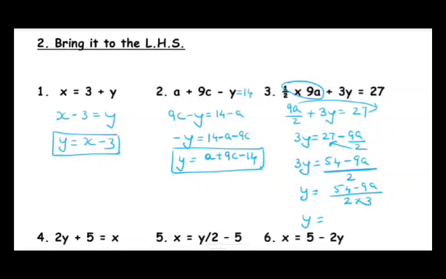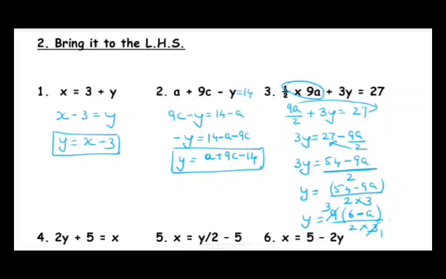Now, should I factorize this numerator? The common factor out here is 9. 6 nines are 54 and a upon 2 into 3. 3 ones are 3, 3 threes are 9.